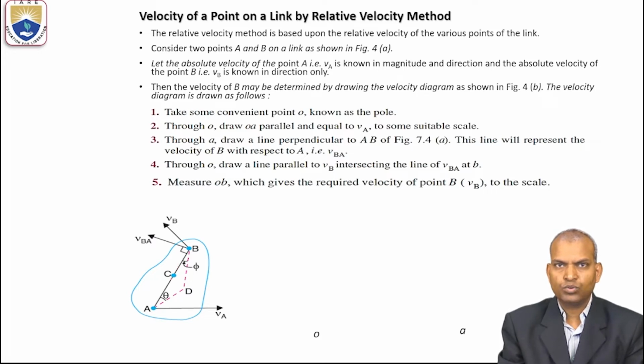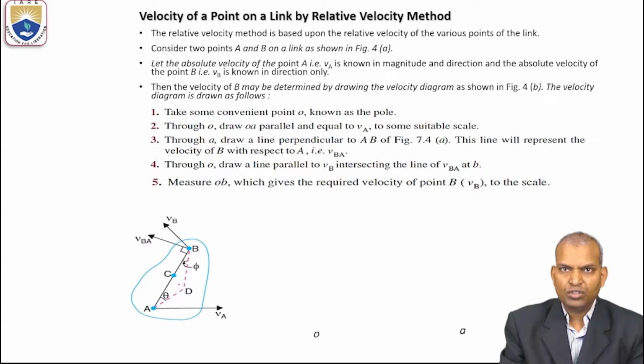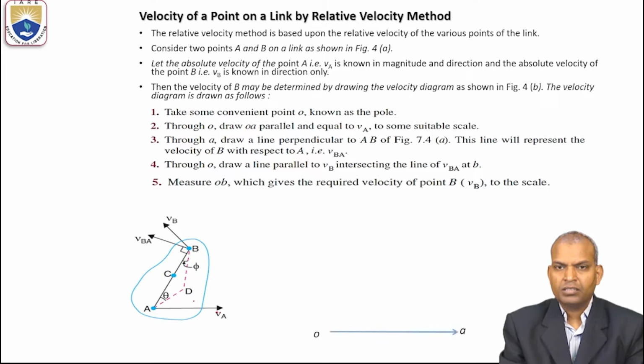Consider 2 points A and B on a link as shown in the figure. Let the absolute velocity of the point A, that is VA, be known in magnitude and direction, and the absolute velocity of B, that is VB, be known in direction only.